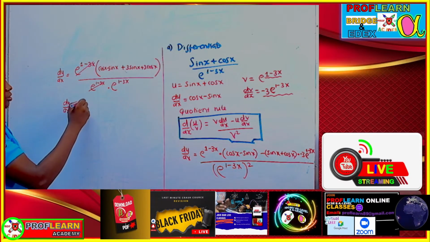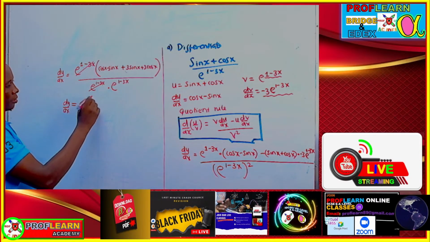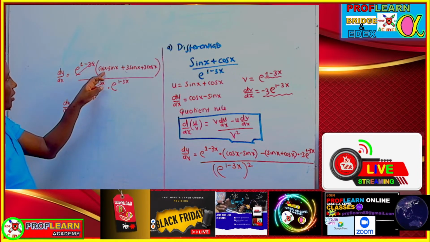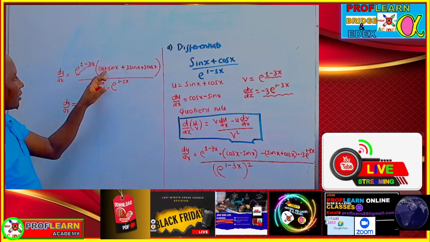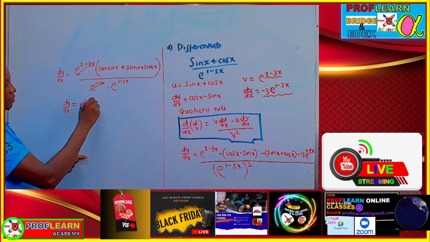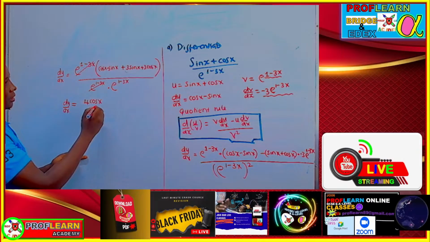dx, which is going to be cos x, and this is going to end up becoming 4 cos x.